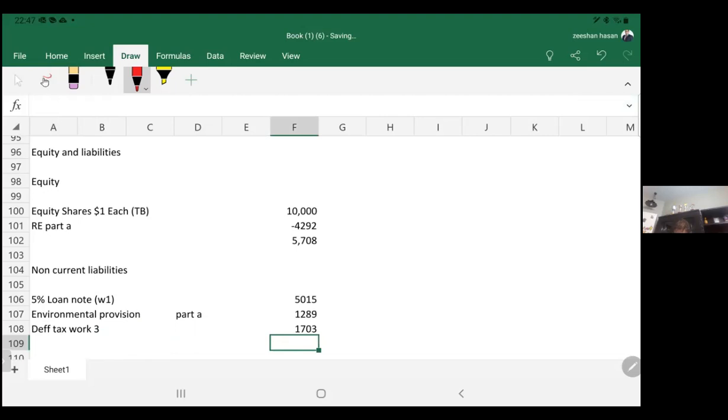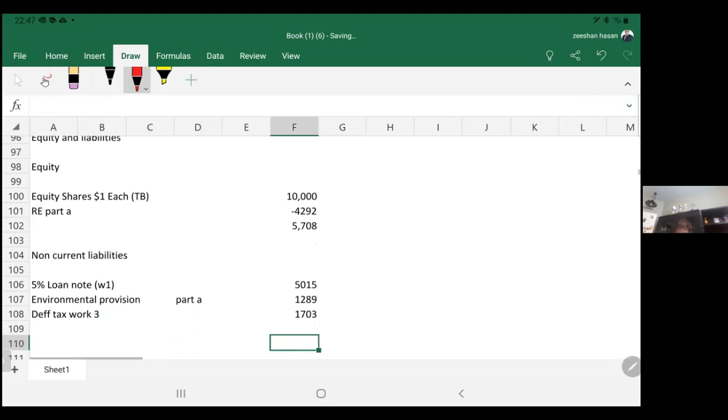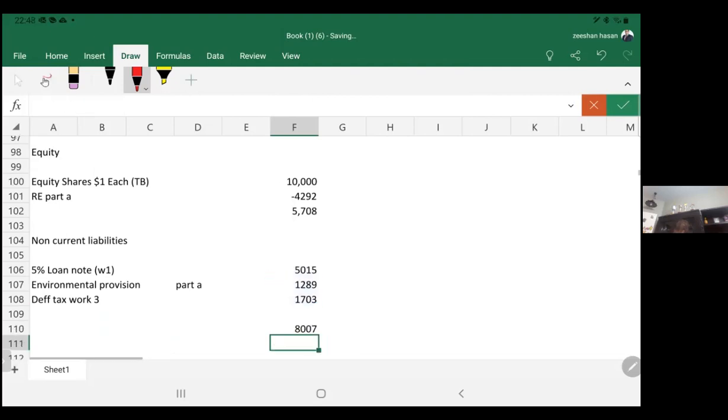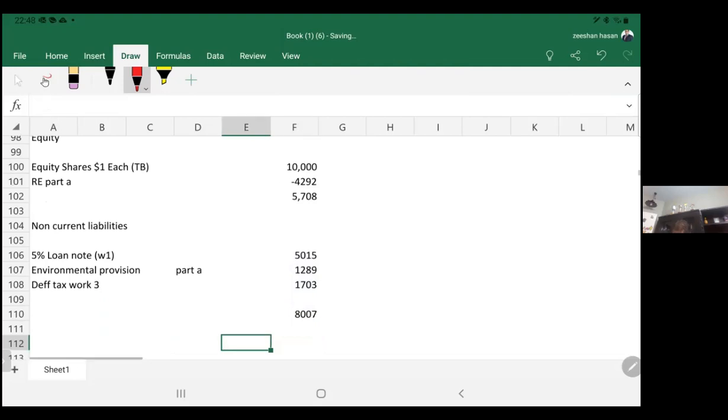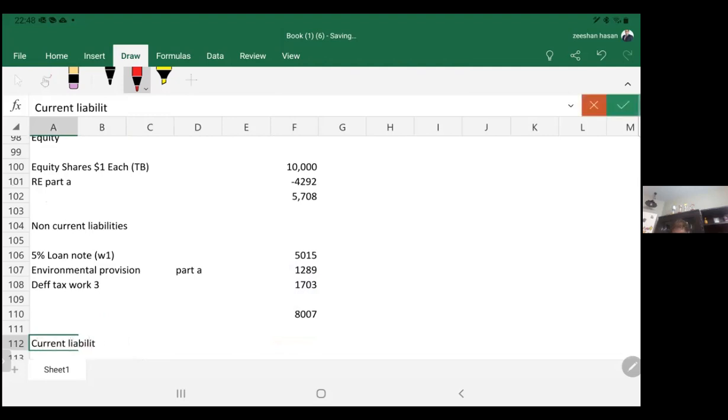What's remaining? Nothing over here. So is equal to sum 8,007. Current liabilities, trial balance 34,500.